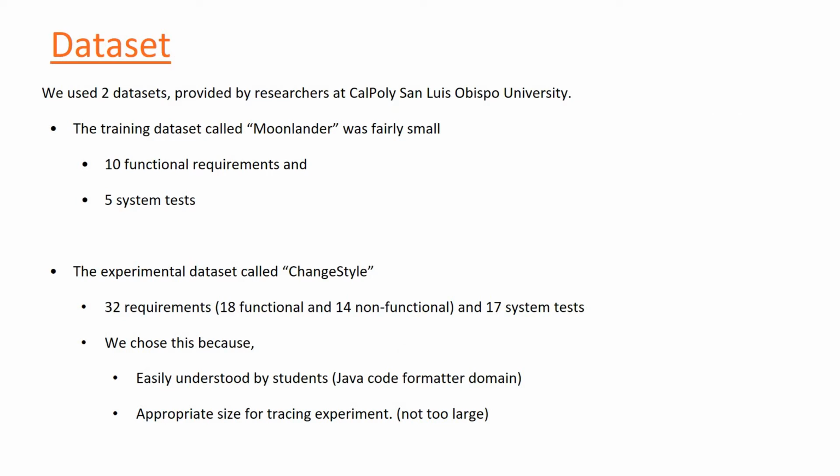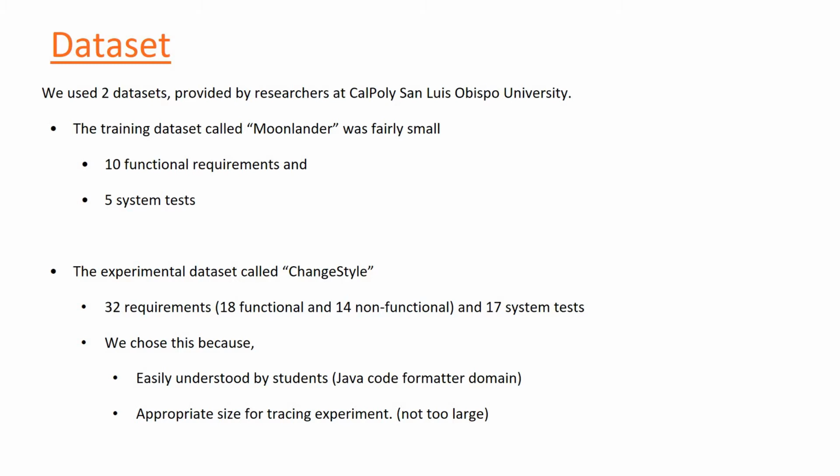For this project, we used two data sets which were provided by researchers at Cal Poly University. Our training data set was Moonlander. It was very small, with only 10 functional requirements and 5 system tests. Our experimental data set was called Chainstyle, which was a little bit larger.